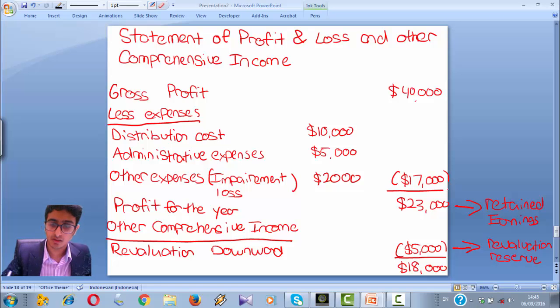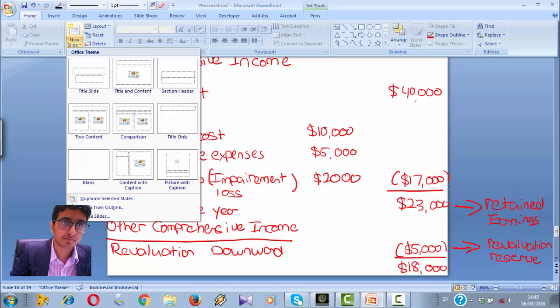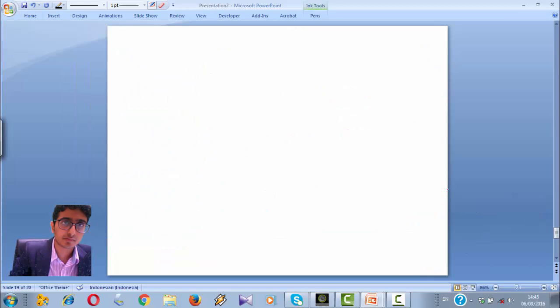Okay, that means so far we have learned 3 ways. The first one was my revaluation upwards, just a general revaluation upwards.